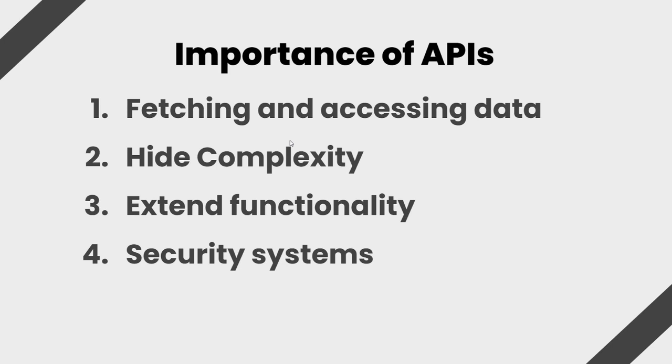All you know is that you connected to Google Map through their API and you had Google Map on your website. The functionalities, the mechanism, the complexity of how that was possible, you don't know it. But you just know that you now have Google Map on your website. And so that's why APIs are very important. They hide the complexities of those kinds of operations.